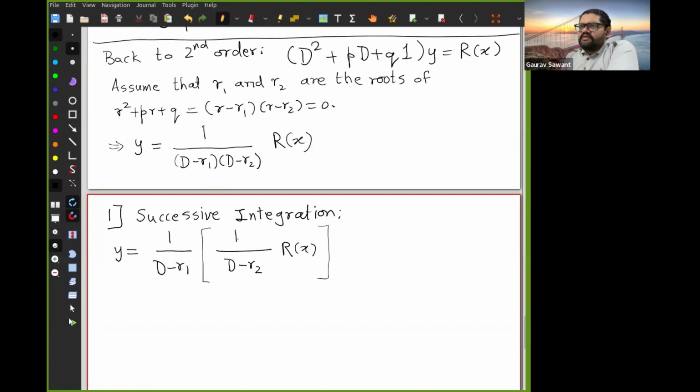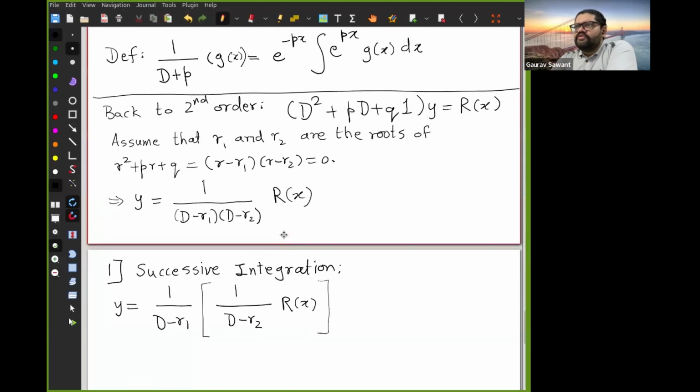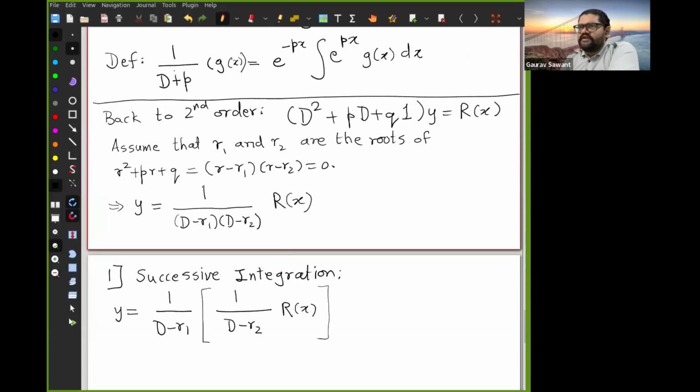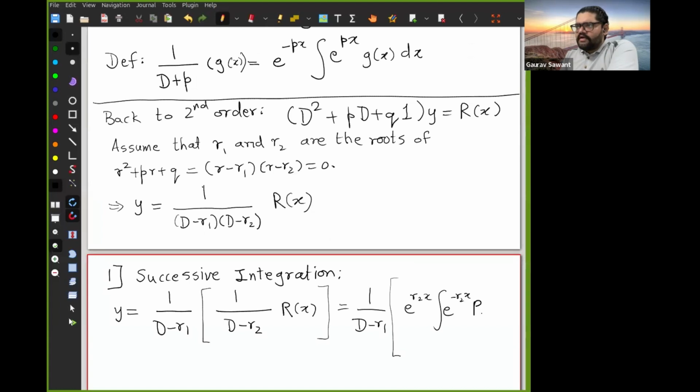For one integration, first order, you know the formula. That definition is here: 1 over d plus p acting on g(x) is like this. So 1 over d minus r2 acting on r(x) will be, first let me write down the d minus r1, and inside becomes e power r2x integral e power minus r2x R(x) dx.